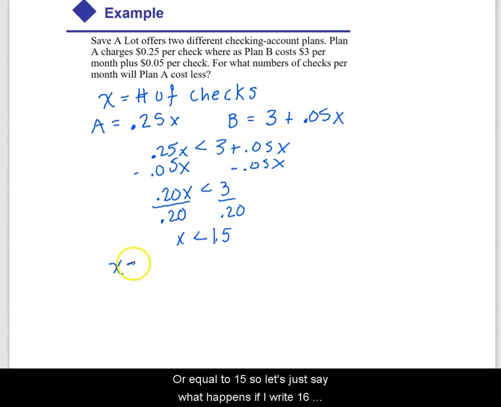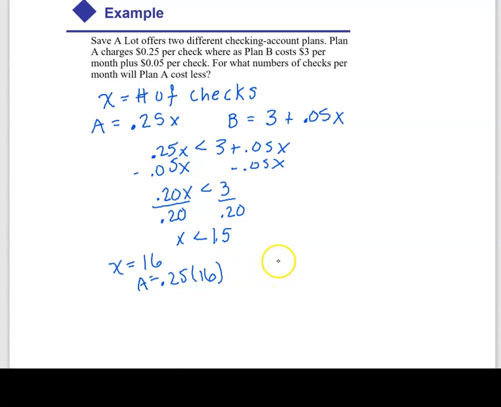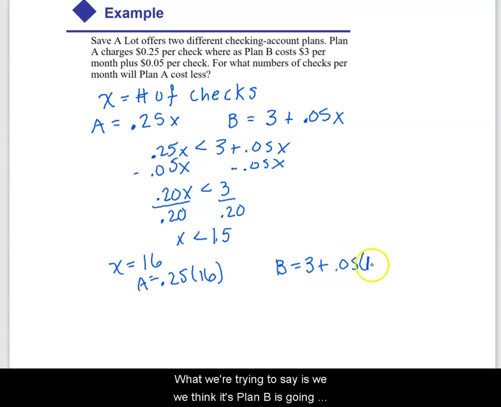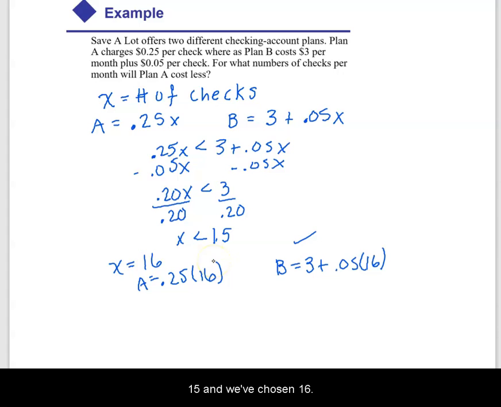So let's just say, well, what happens if I write 16 checks? Well, for Plan A, that's going to be 25 cents times 16. For Plan B, that's going to be 3 plus 5 cents times 16. And what we're trying to say is we think Plan B is going to be better because Plan A is better for anything less than 15, and we've chosen 16.